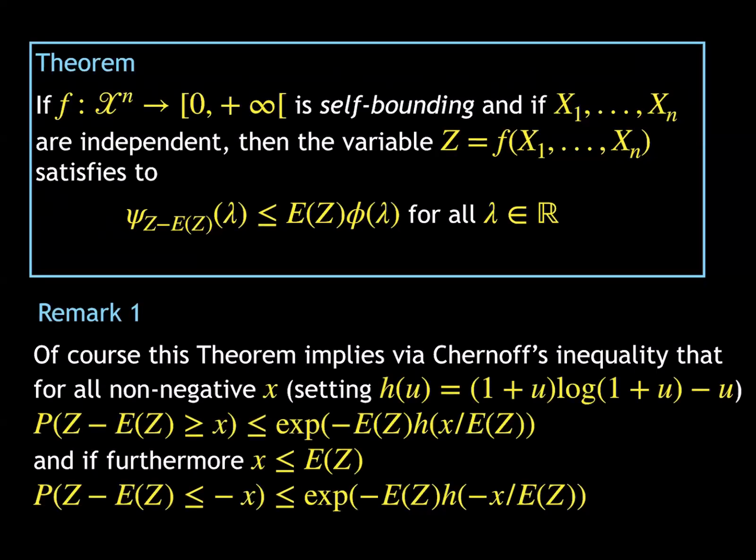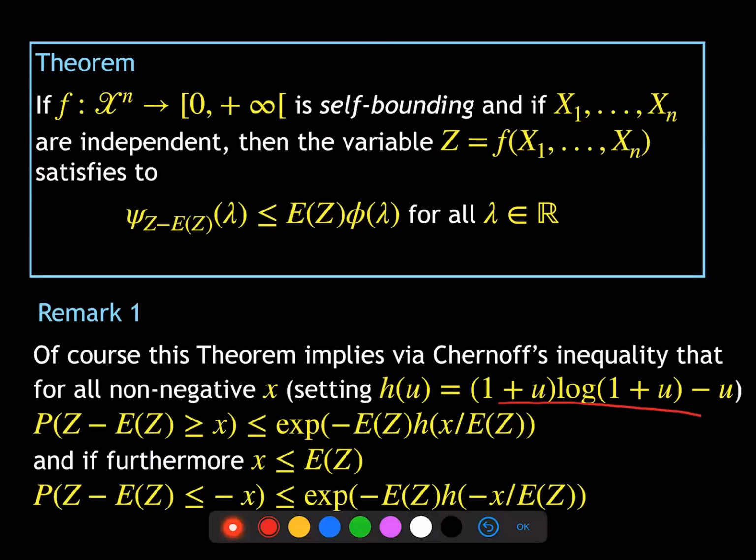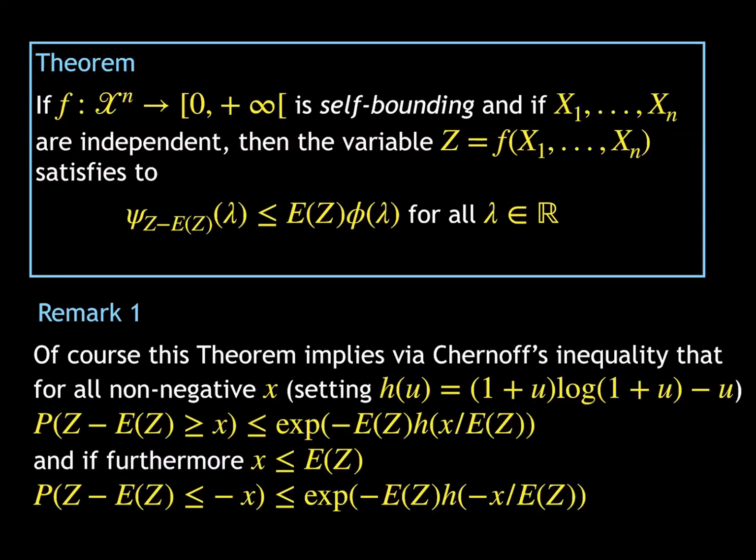I have two remarks to make. The first one is that as soon as you have this control of the log generating function, of course, you can convert this to tail bounds. You have an upper tail which is controlled in this way here, and a lower tail which is controlled exactly in the same way, but the function h, which appears here, is taken on the right-hand side for the upper tail, and for the lower tail, it is computed on its left-hand side.